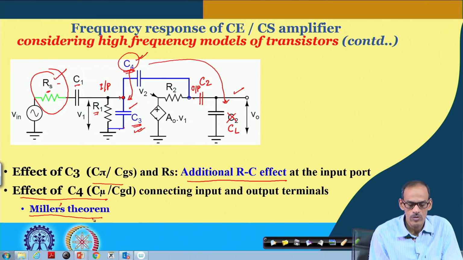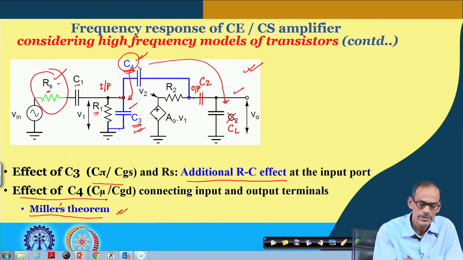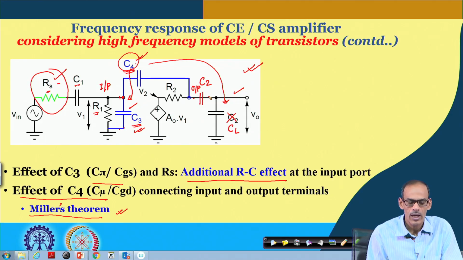So, before we go into the detailed analysis, let me go through Miller's theorem first, and then we split C4 into these two equivalent components, and then we go for the frequency response of the amplifier.